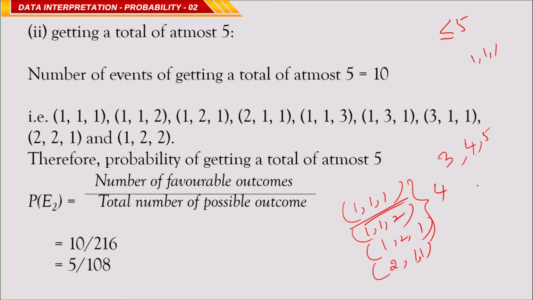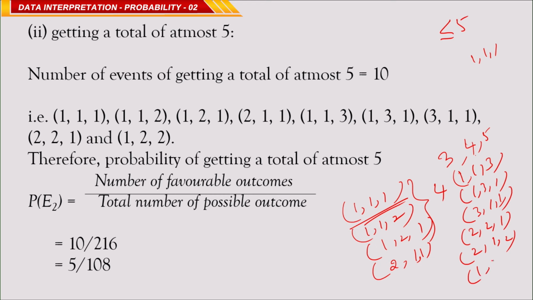So totally for 5 we have 1 1 3, 1 3 1, 3 1 1, 2 2 1, 2 1 2, 1 2 2. How many of these? 6: 1 2 3 4 5 6.